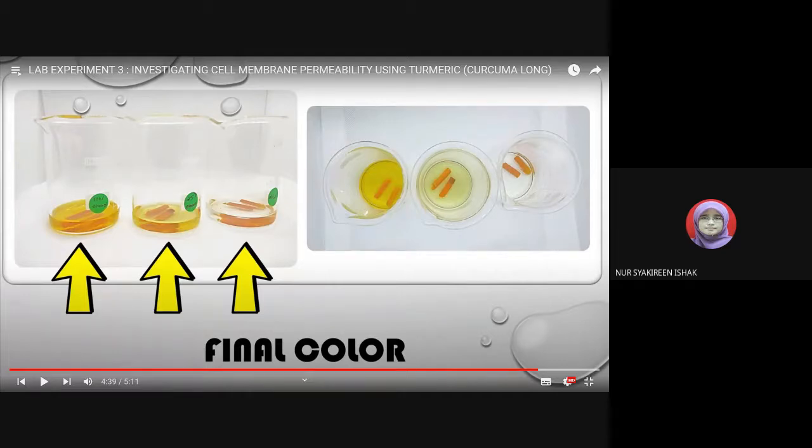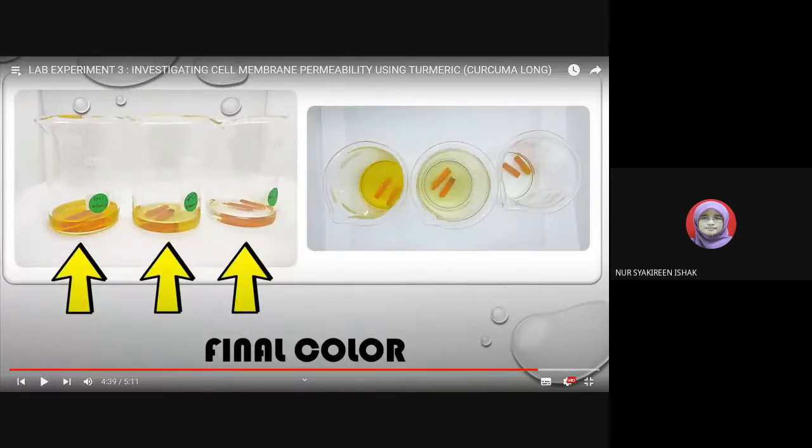Then you have a column to record the initial color, and a column to record the final color for each solution. You can also include the image in the result.